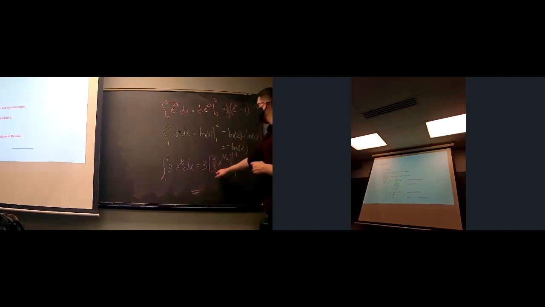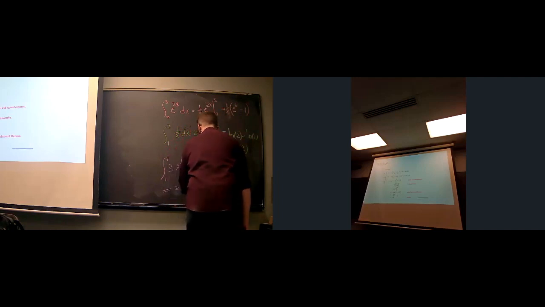This is going to come out to be 3 times 2 over 3, x to the 3 over 2, evaluated from 1 to 4. These 3's are going to cancel. So we get 2x to the 3 over 2 from 1 to 4. And the rest is just algebra.